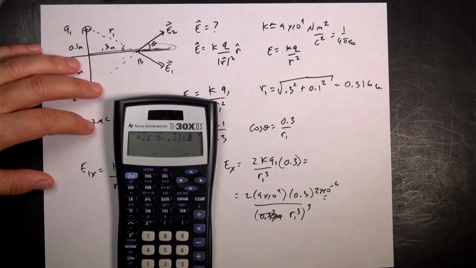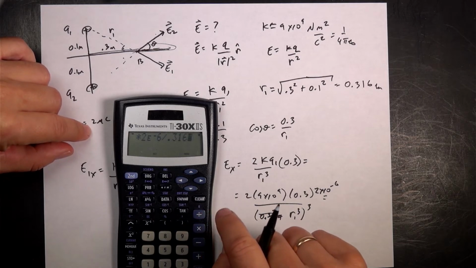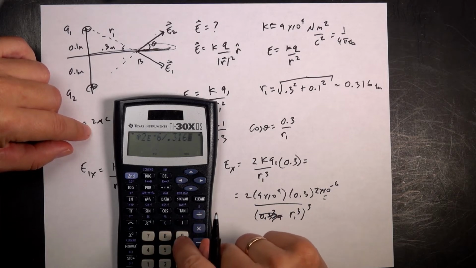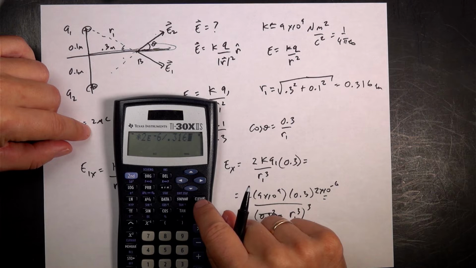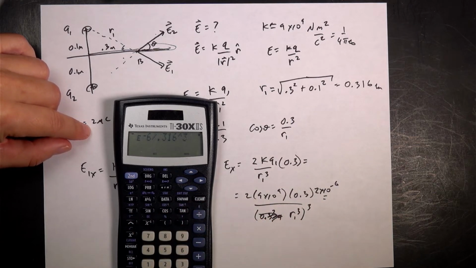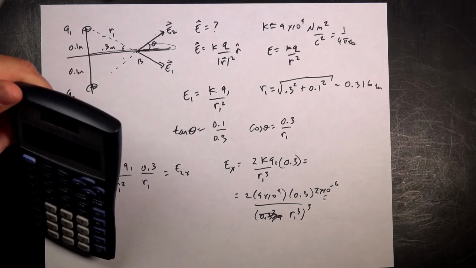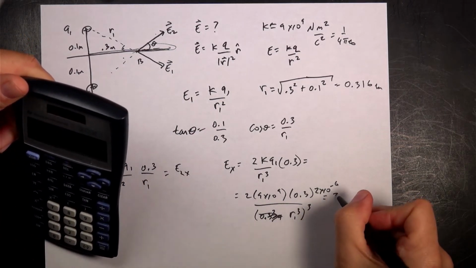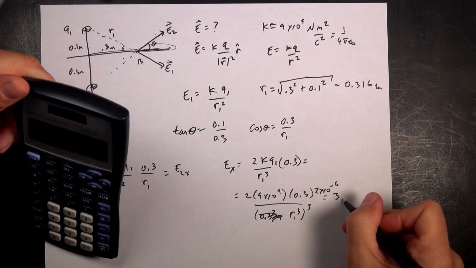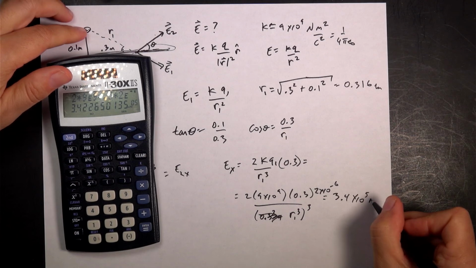I'm not good with calculators, to tell you the truth. I'm looking for the raised power. I don't see it because I'm a dummy. There it is. Let's see if that works. And I get 33.4 times 10 to the 5th newtons per coulomb.